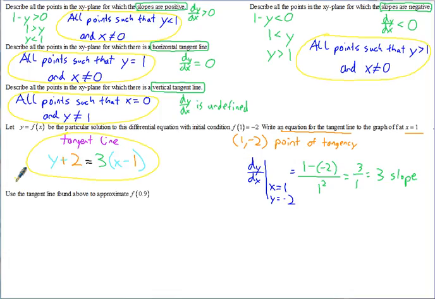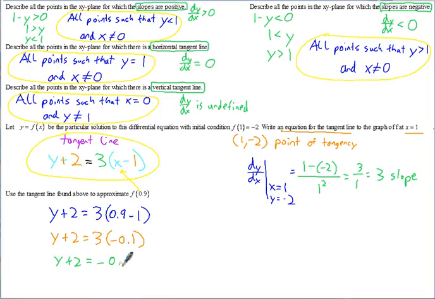And then to use the tangent line above to approximate f of 0.9, all you do is substitute in 0.9. We get y plus 2 equals 3 times 0.9 minus 1. So y plus 2 equals 3 times negative 0.1, which is negative 0.3.